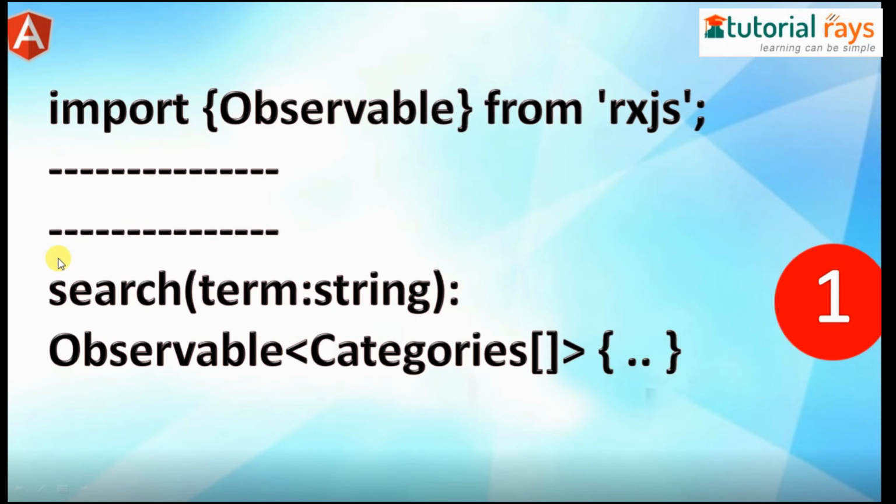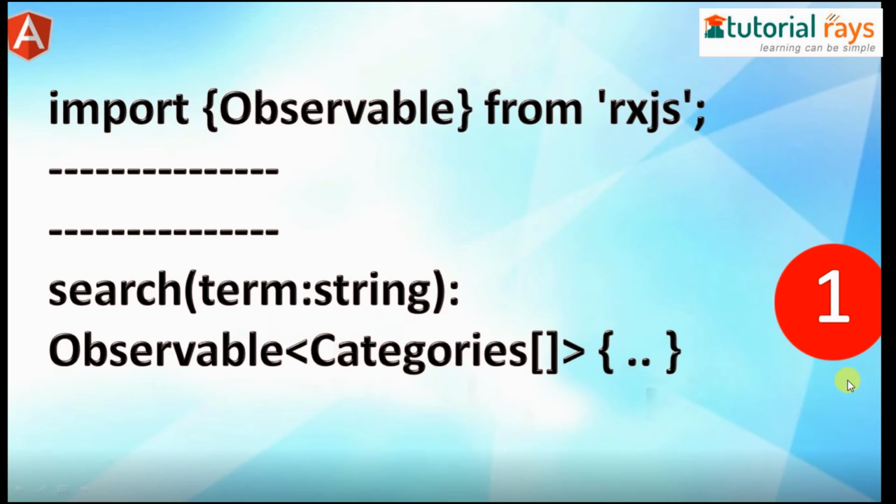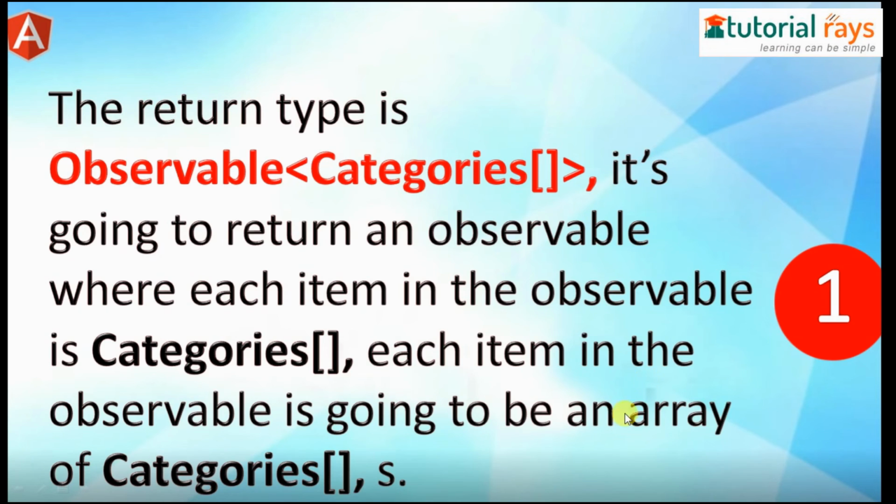And here through the HTTP request, it is sending a signal to the database API. So the return type here is Observable categories.